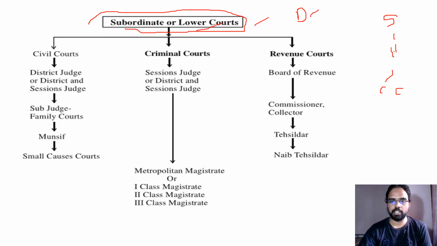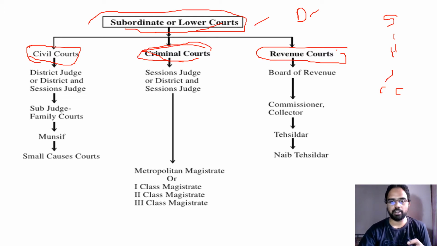They operate from the district level and these courts are categorized into many types like civil courts, criminal courts and revenue courts. At district level, the subordinate courts will function in different categories like civil courts, criminal courts and revenue courts. The titles themselves reveal what kind of cases they will deal with. Civil courts will deal with civil cases like marriage, property issues and all such things.